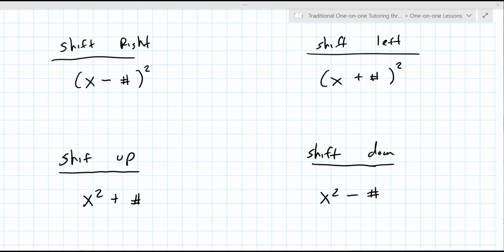Oh my gosh, this is a lot to memorize. Well, there's more. This is just the basics.